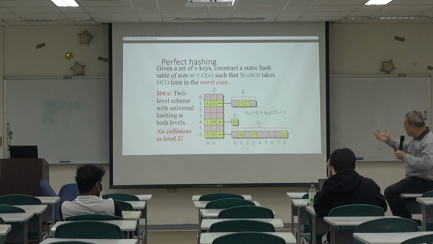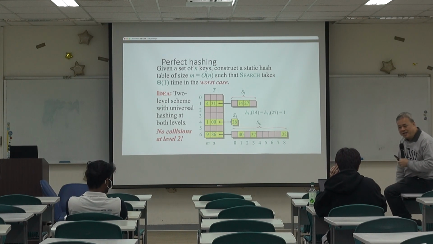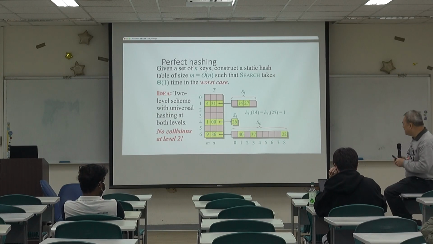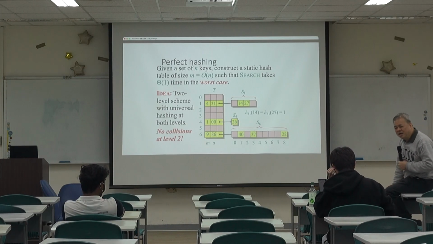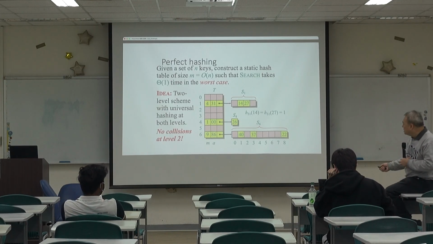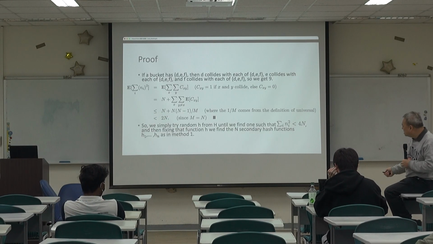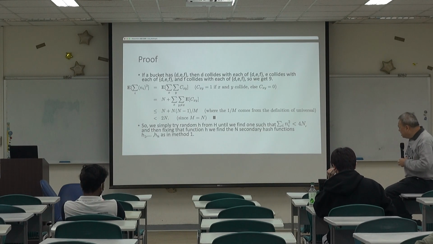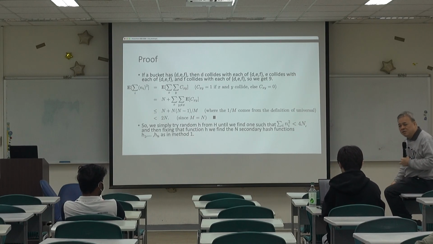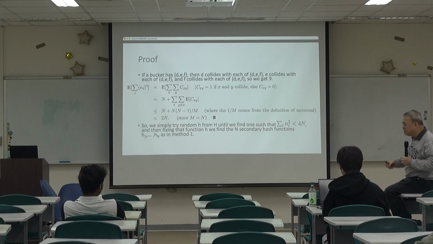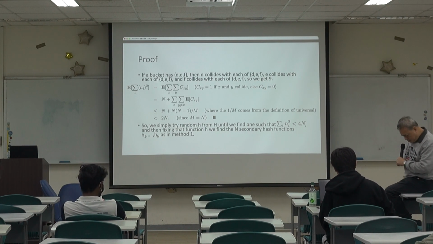So with the combination of the first level and the second level, we have perfect hashing. The only thing we need to show is that the total size is bounded by big O of n. So the discussion here is to guarantee that the total size is bounded by big O of n. Okay, so this is a high level discussion of what we just described.